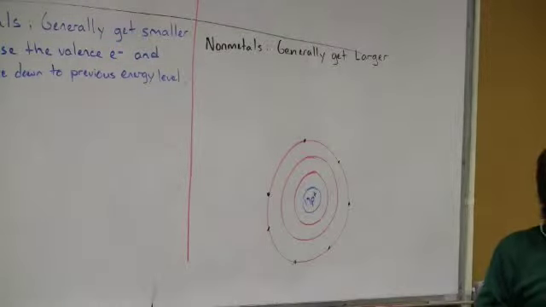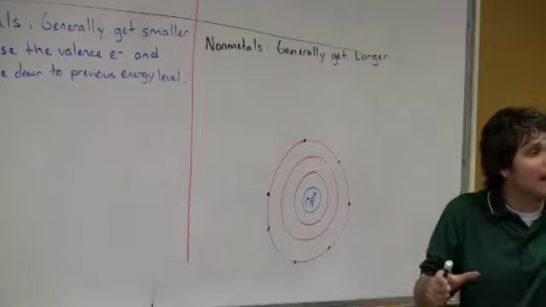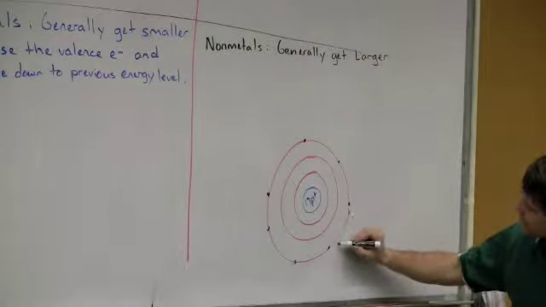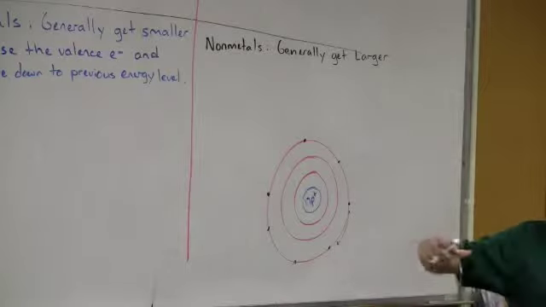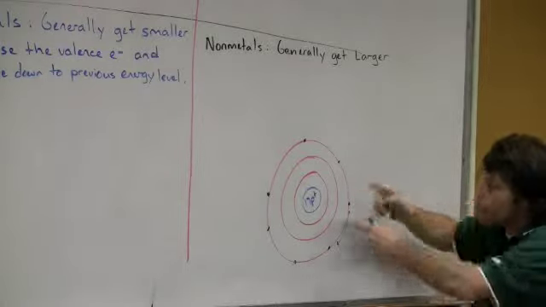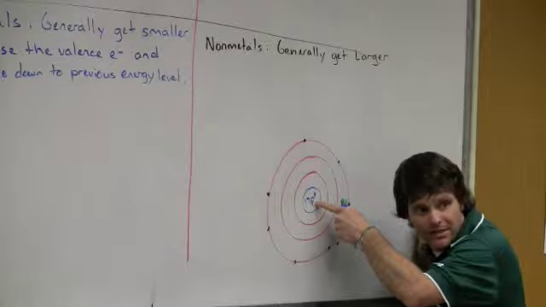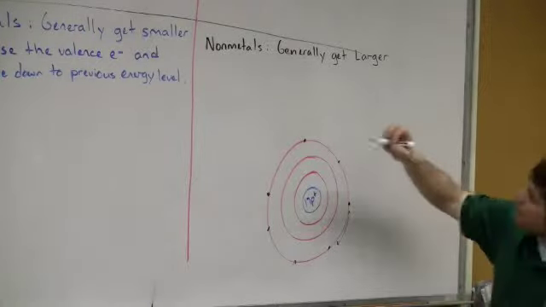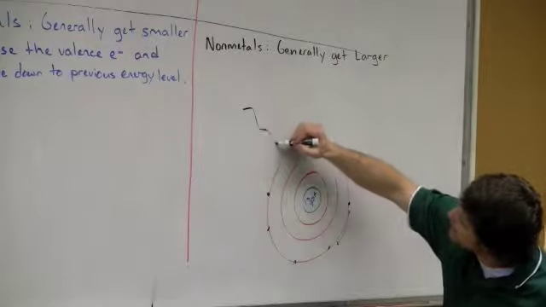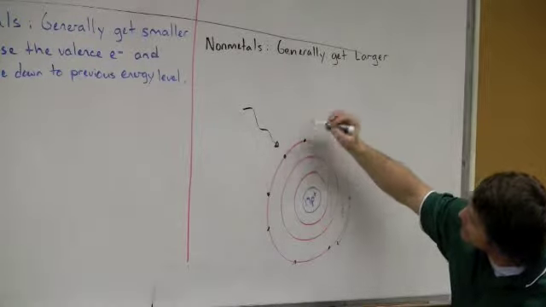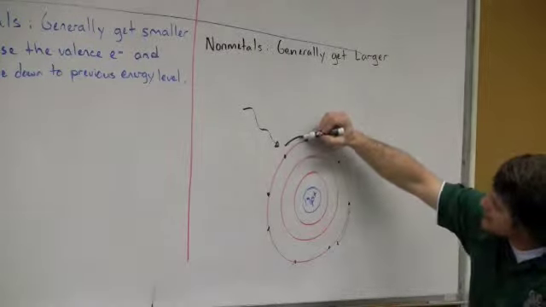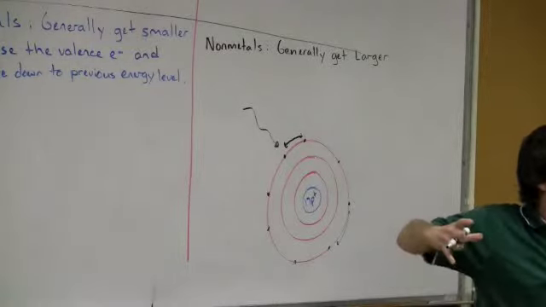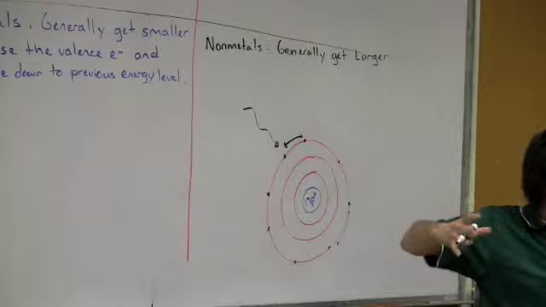And so what happens is, remember, these electrons do not like each other. These electrons are spreading out as far away from each other as they possibly can. They're still pulled into the nucleus from the positive attraction, but they're spreading out as far as they can. And so now, all of a sudden, another electron comes in, a new electron, and now these electrons want to move away from each other as far as they can, and so the ion actually gets bigger.